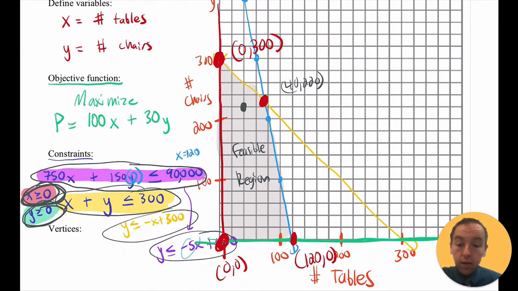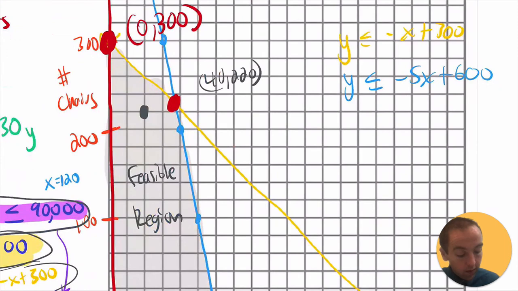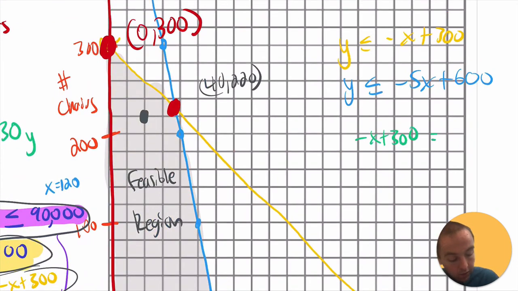It certainly is, because the yellow line that we know is y is less than or equal to negative x plus 300, and we also know that the blue line right there is y is less than or equal to negative 5x plus 600. Because now they're solved for y, we should be able to find the x where they meet each other if we set negative x plus 300 equal to negative 5x plus 600.